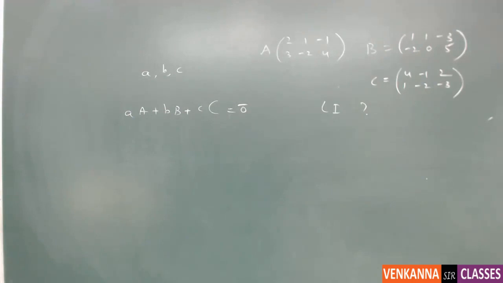Given A, B, C are 2 by 3 matrices, here 0 bar is nothing but the 2 by 3 zero matrix.